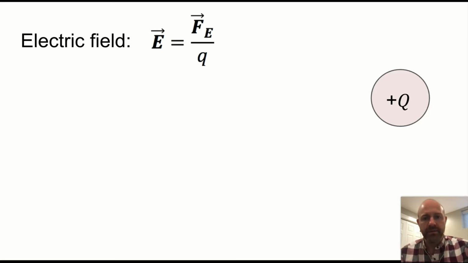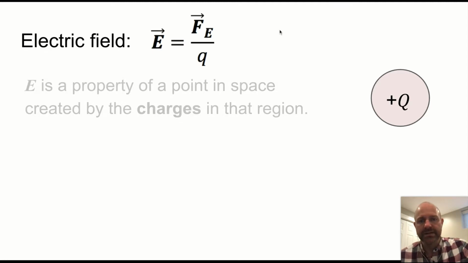It is the electric force divided by the fundamental unit of electricity. In gravitation, it was divided by mass in kilograms, and in this case, it's divided by charge in coulombs. So it is the electric force per charge, in newtons per coulomb. It gets a capital E. It's either bold or with a vector symbol over it, because it is indeed a vector. Notice we have a vector divided by a scalar, giving us a vector.